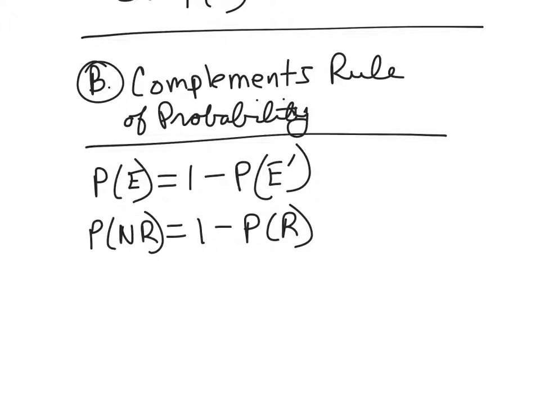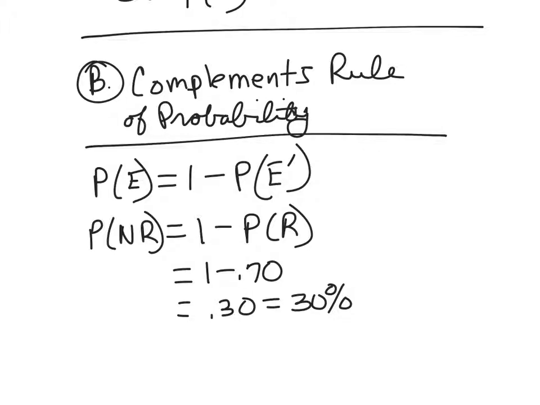If you change that to a decimal, 70% as a decimal would be 0.70. So 1 minus 0.70 is 0.30. And she told me there was a 30% chance then that it wouldn't rain. That's an example of the complements rule of probability.